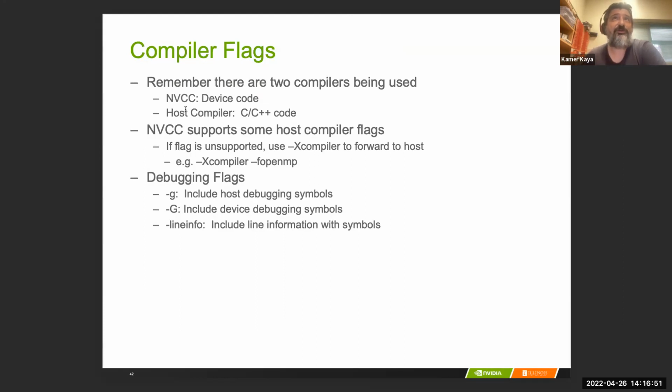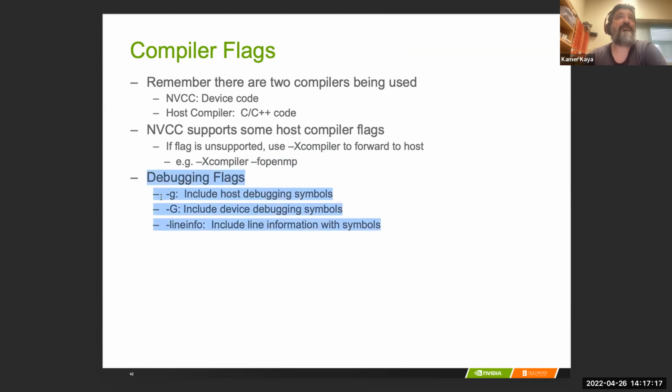NVCC supports some host compiler flags. Since you are using the host compiler, you may want to pass parameters to that, right? And the -Xcompiler flag forwards the parameters to the host compiler. So when you say -Xcompiler -fopenmp, it means that the host code will be compiled by using that parameter.